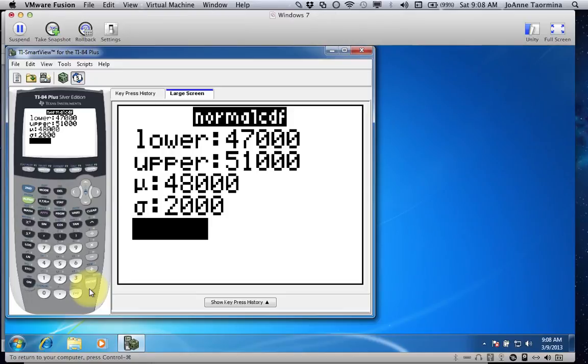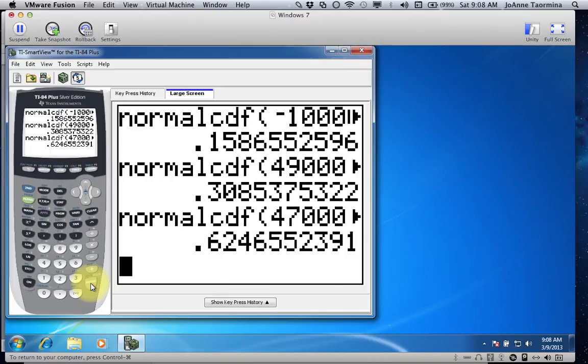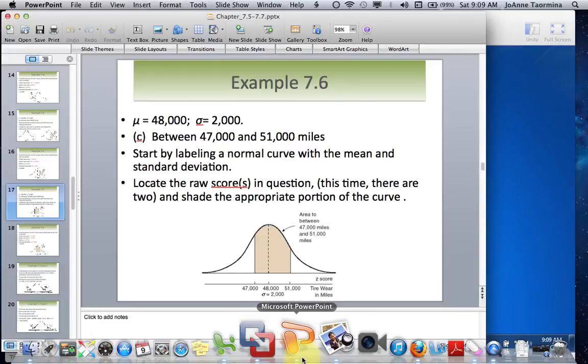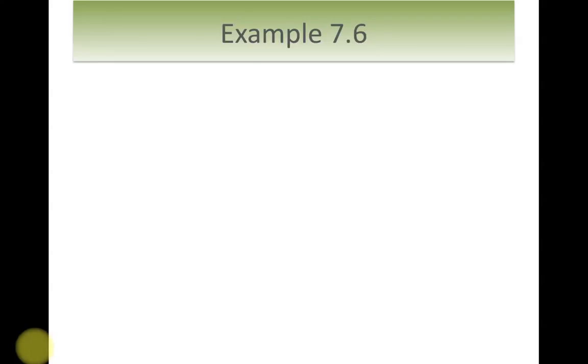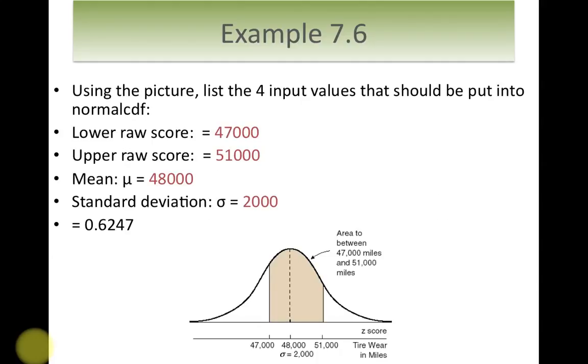Our standard deviation is still 2,000, and then we paste it. 0.6247, because the 5 in the fifth place makes us round the 6 up to a 7. So 0.6247. Okay, so 62.47% of tires have miles that last between 47,000 miles and 51,000 miles.